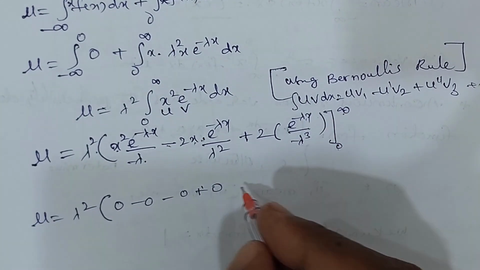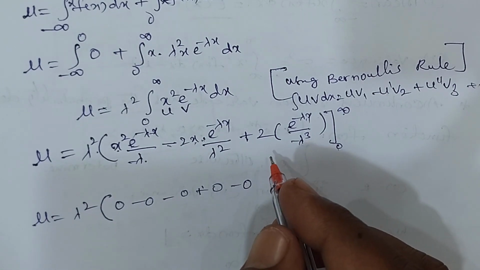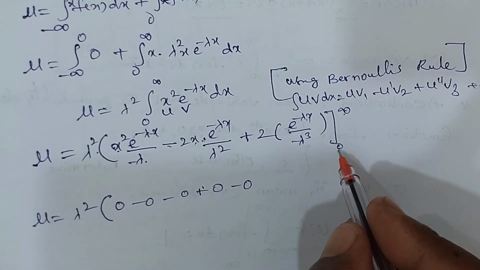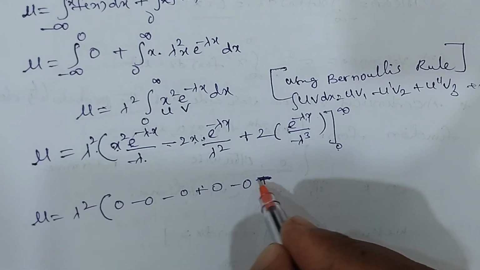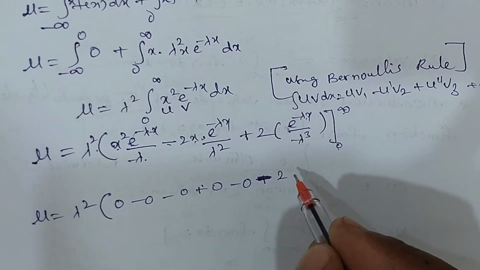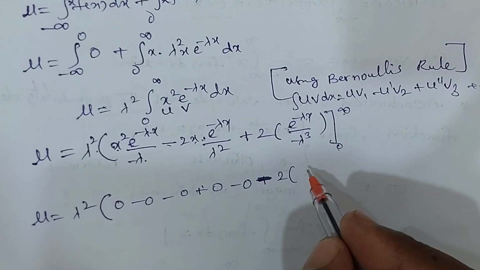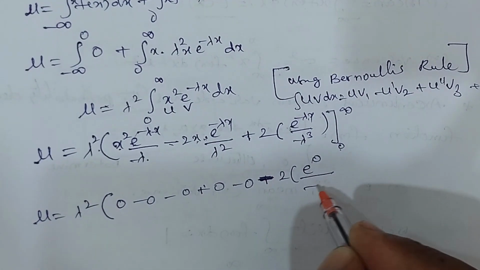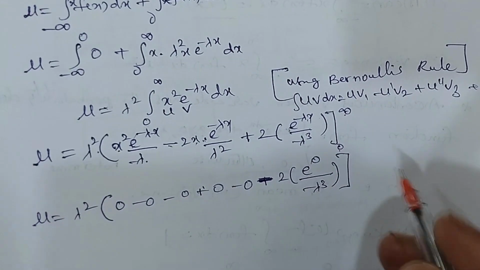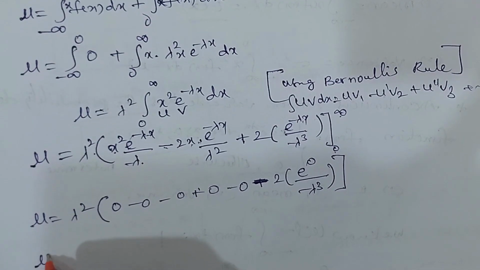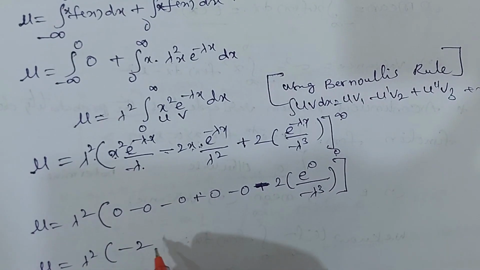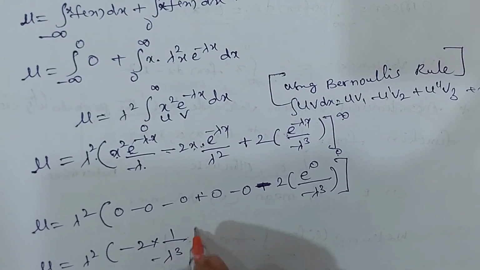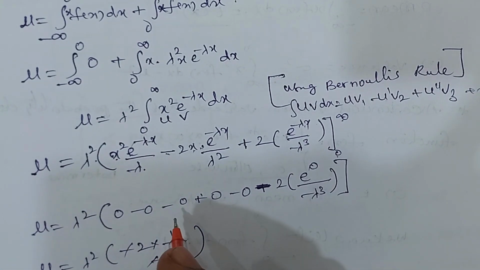Next, infinity applied gives 0, and 0, next apply the lower limit 0, that plus minus lower limit 2 into e power 0 by minus lambda cube. So therefore lambda square into the total value, so 2 into e power 0 means 1 by minus lambda cube, so minus minus cancel.